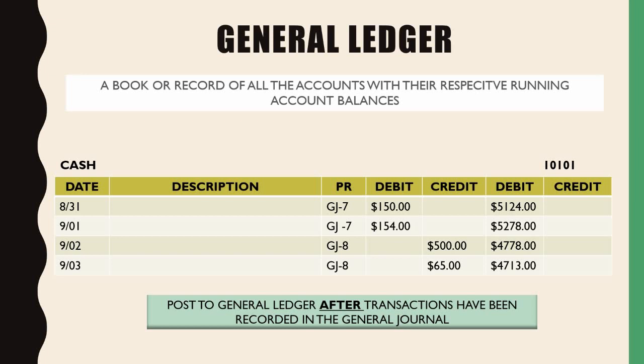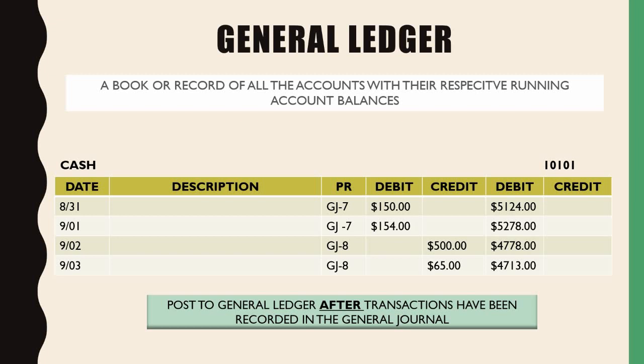Now let's take a look at the difference between the journal and the ledger. It's almost identical. The only difference is you have an extra 2 columns and it's giving you a running balance. So let's take a look at this one. On August 31st, you had a transaction where you increased your checking account by $150.